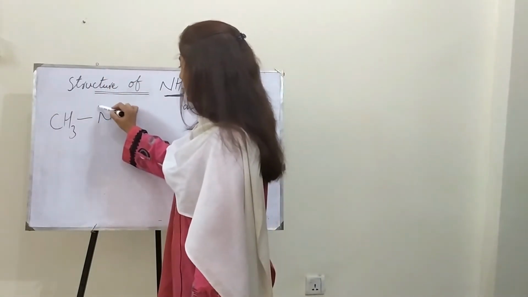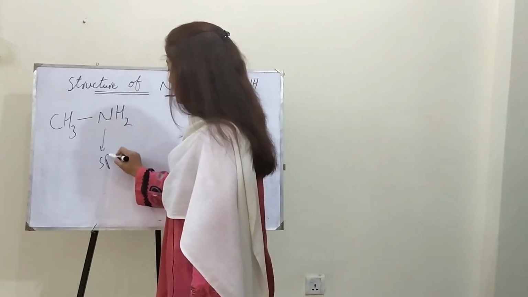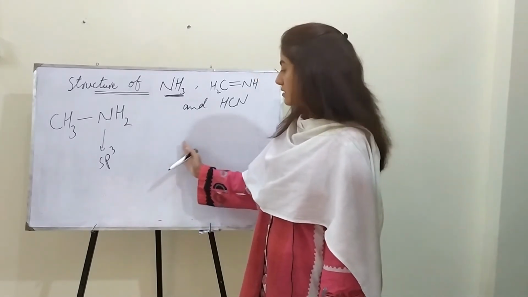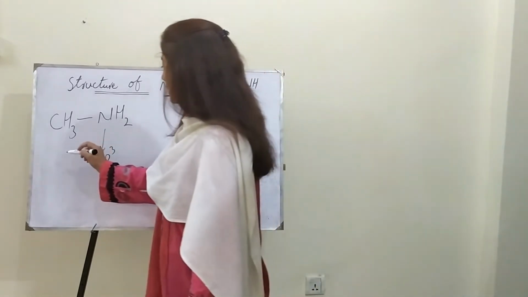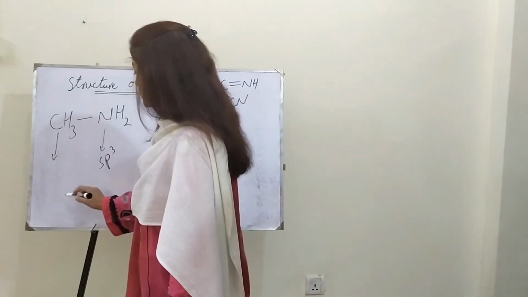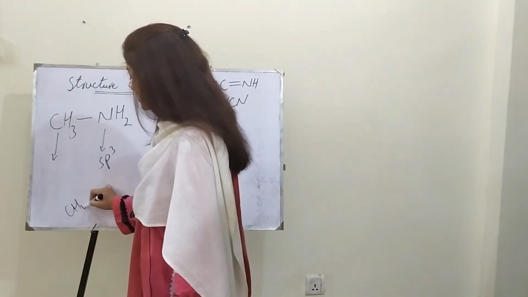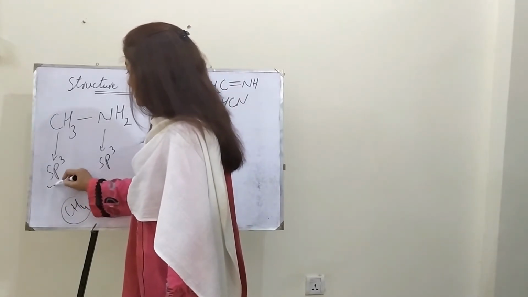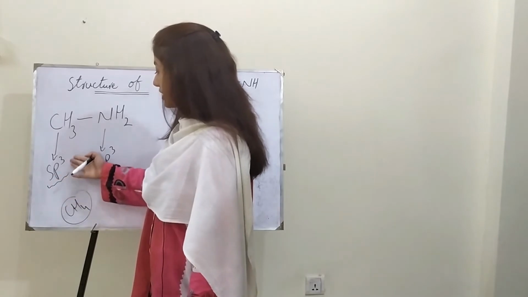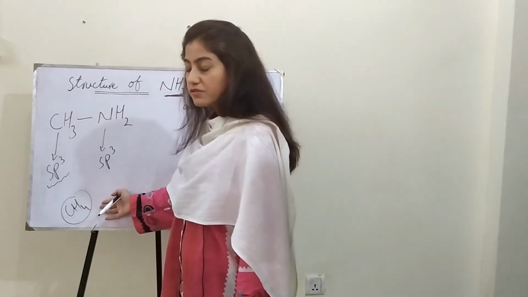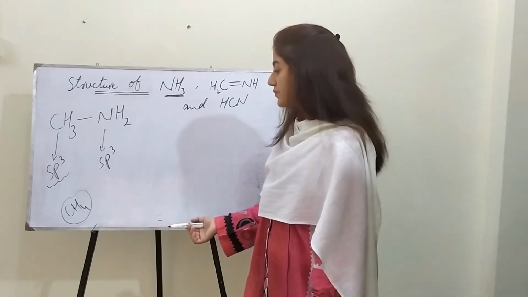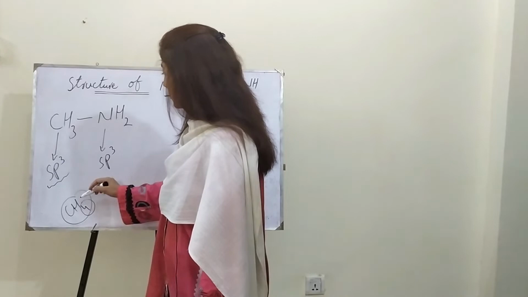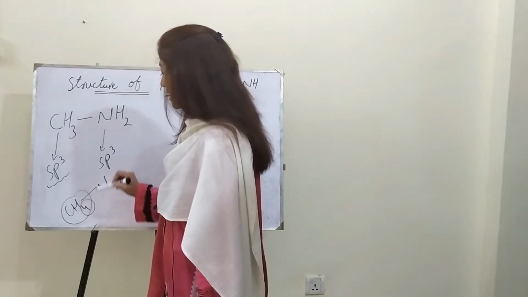Here the nitrogen atom would undergo sp3 hybridization in the similar way as we have gone through, and CH3 would also show the identical behavior as CH4. There was sp3 hybridization as you have studied in the case of methane molecule. The only difference is here one hydrogen would be replaced with the nitrogen.